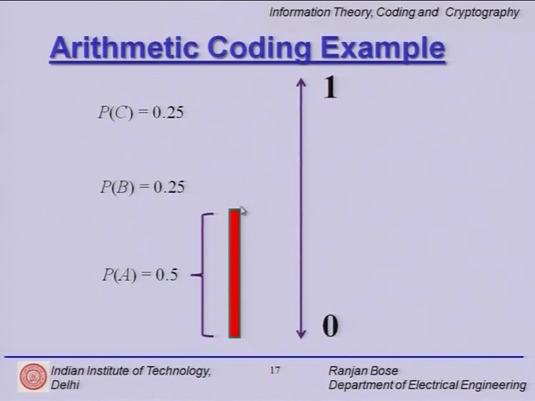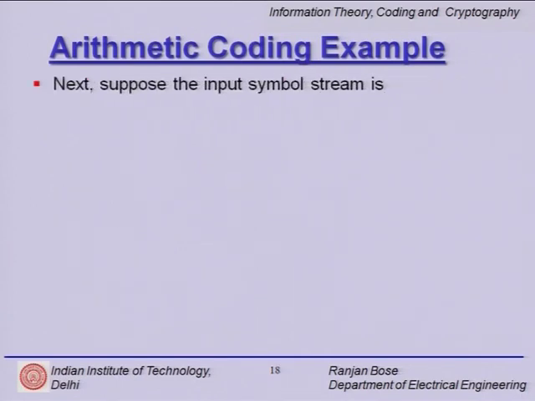From 0 to 0.5 is my region for A, 0.5 to 0.75 is my region for B, and 0.75 to 1 is C. So, very mechanical, I am just distributing the resource.